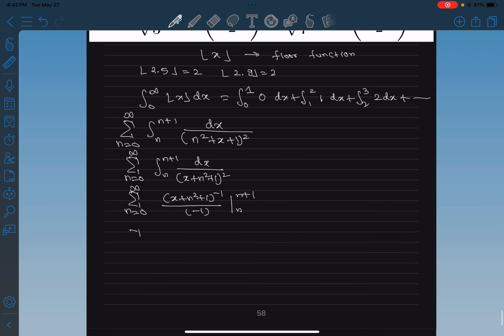Now if we evaluate this, we get 1 over (n squared plus n plus 1) minus 1 over (n squared plus n plus 2), right? We can evaluate that yourself, it's not too hard.